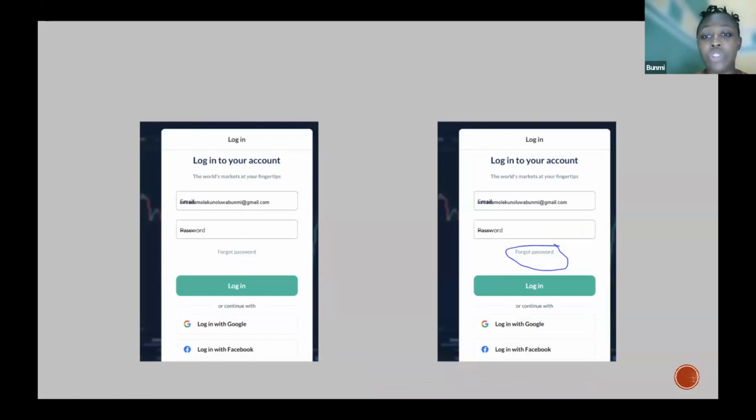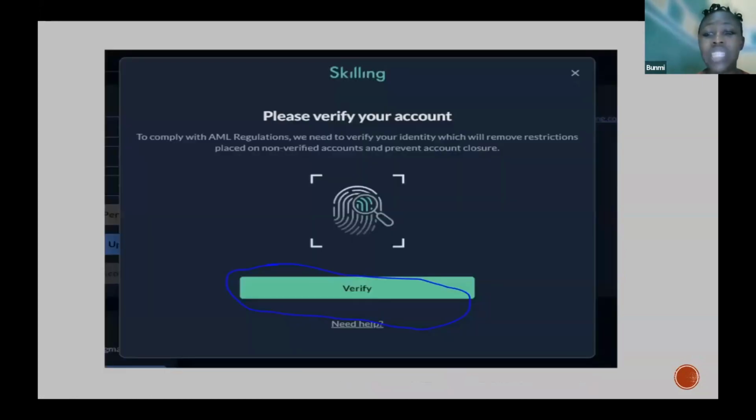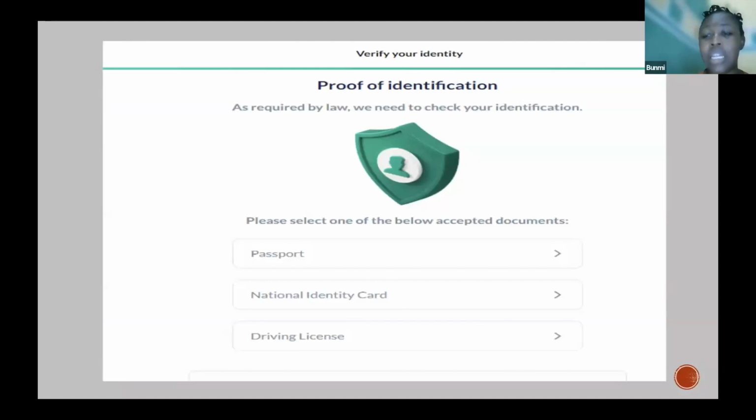If you can remember your password, just log in. After logging in, it will take you directly to this pop-up box to click and verify your account. Click on that verify button to upload your details. It will ask you to upload your POI, which is your proof of identification.